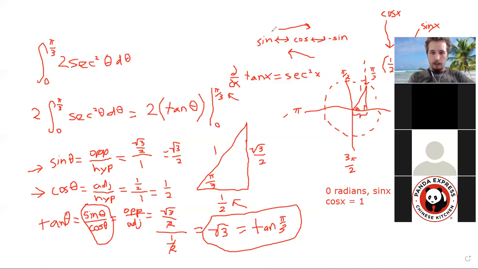So like I said, at an angle of 0 radians, which is here, we get the point (1, 0). And so tangent of 0 is 0.